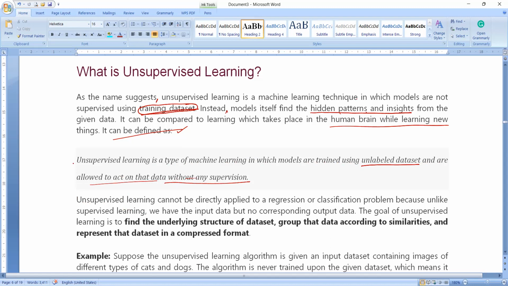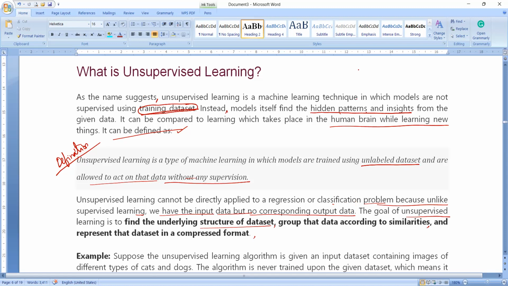And this is the definition of the unsupervised learning technique. Unsupervised learning cannot be directly applied to regression and classification problems because, unlike supervised learning, we have input data but no corresponding output data.